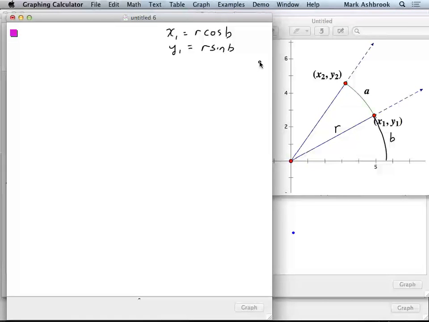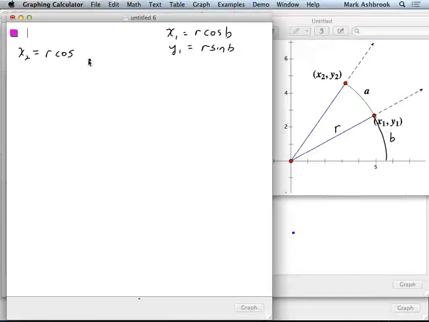Okay, what about x2 and y2? So x2, somebody new. Steve, can you write out what x2 would be? x2 equals r cosine of a plus b.